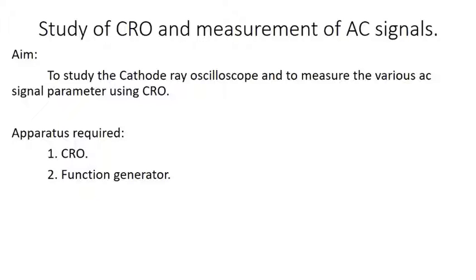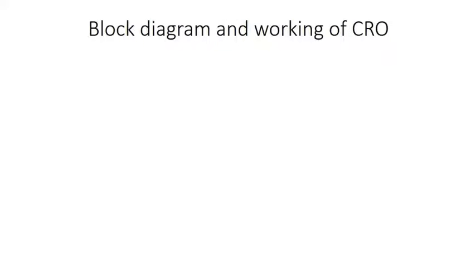We require a function generator. From the function generator, you can generate sine wave, triangular wave, square wave, pulse wave. You can generate any waveform, and you are going to measure the parameters of a sinusoidal signal using CRO. So now we will see the basic block diagram and working of CRO.